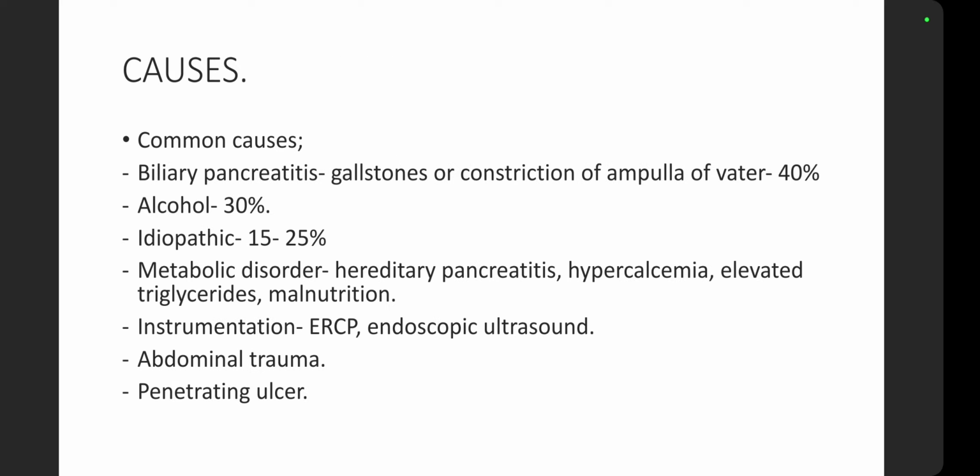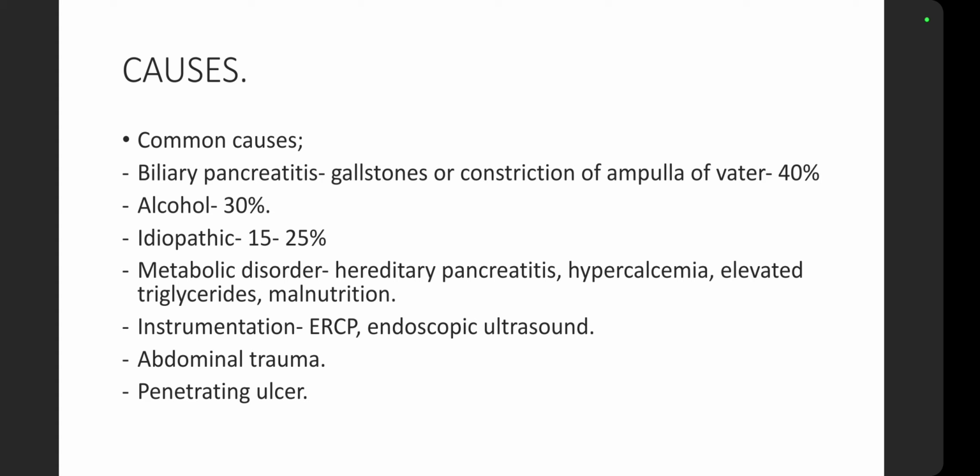So, common causes, we have biliary pancreatitis. Here we are talking about gallstones. Gallstones or constriction of the ampulla of Vater can lead to acute pancreatitis. Also, alcohol is one of the main reasons why we have pancreatitis.